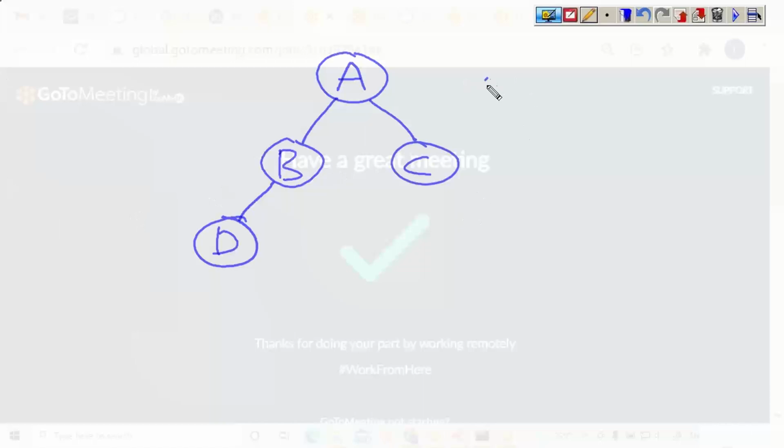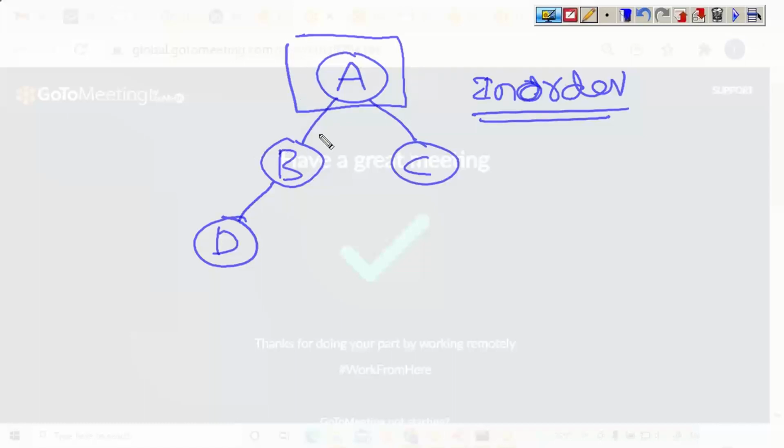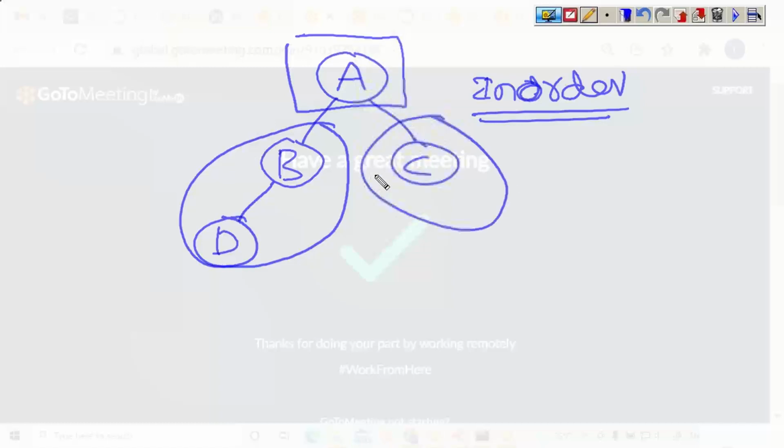First let us see in order. For this A, the left side is completely this much, and the right side is this. Before A, you have to finish off the left side, then come to A, then go to the right.